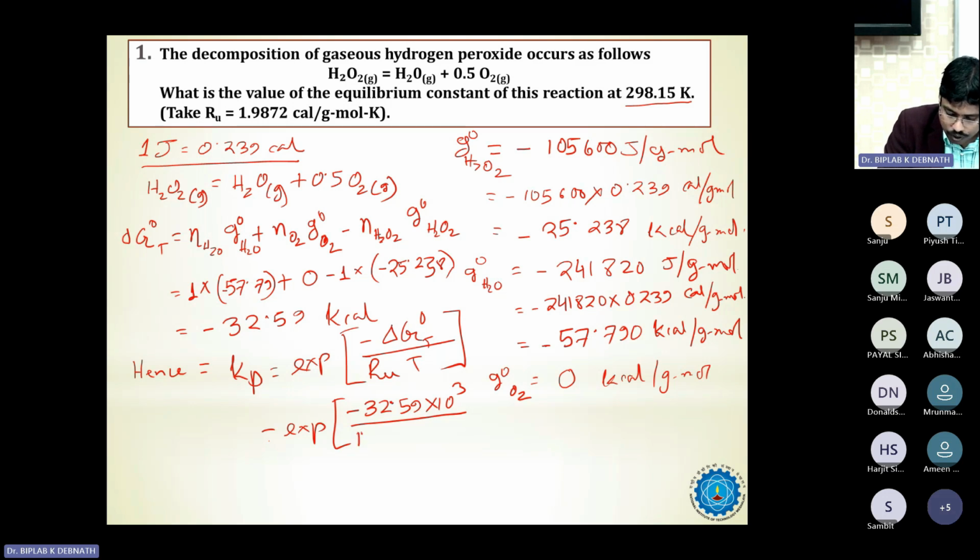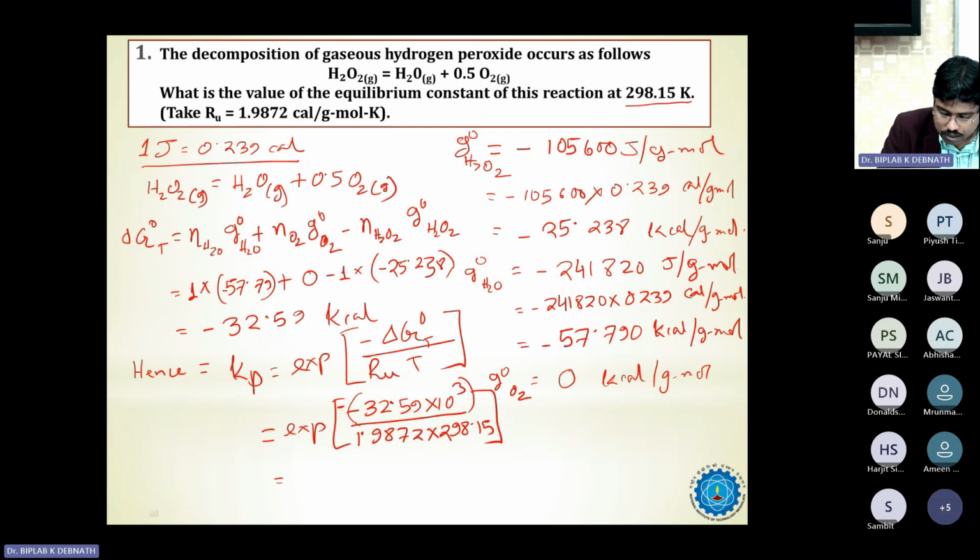So 1.9872 into what is the temperature? 298.15. Okay, one thing I have not written here, you see this is minus of delta G. So this is minus of this minus, so minus minus will become plus.